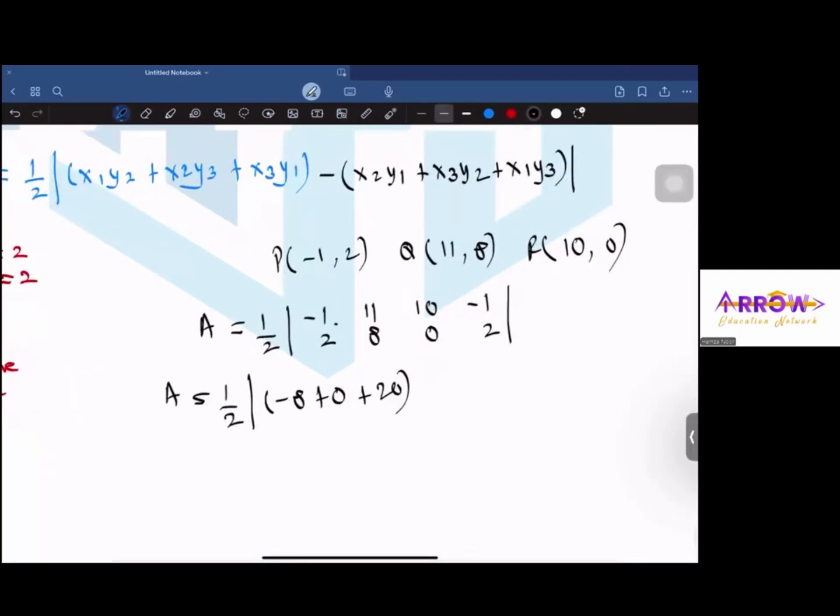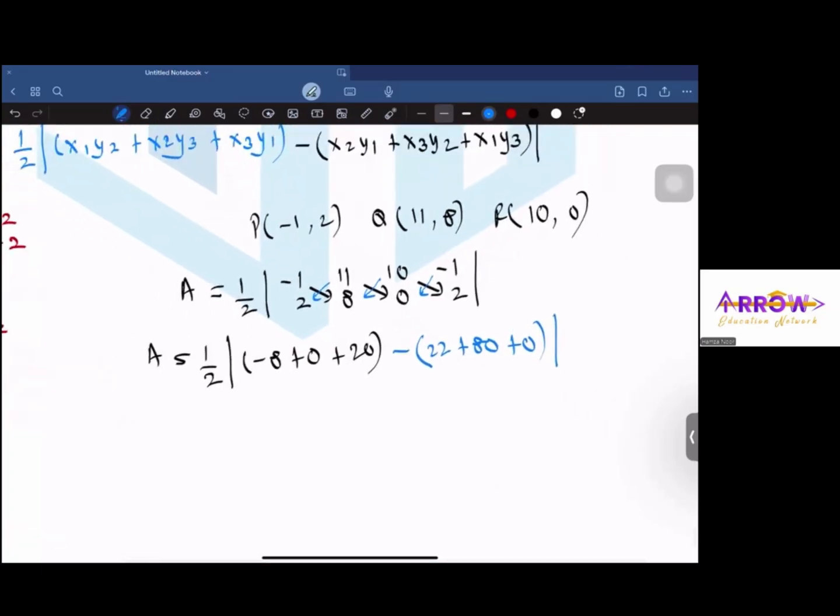I'll make the arrows over here. Then you use the subtraction sign and follow the opposite zigzag pattern. Look at these blue arrows now. So 11 times 2 is 22, 8 times 10 is 80, and minus 1 times 0 is 0. And then you close the modulus sign over here.